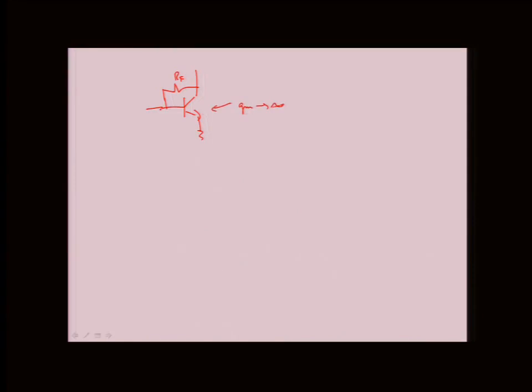Well, if gm is infinity, but I'm getting finite outputs, then this voltage must be 0, right? So then all the current essentially goes through the RF. Nothing goes through r_pi. And from that, I can analyze the circuit. But I have to use this assumption, then infer that this is going to be 0, and then start doing the analysis. And that's what's harder about this method than the A equivalent.